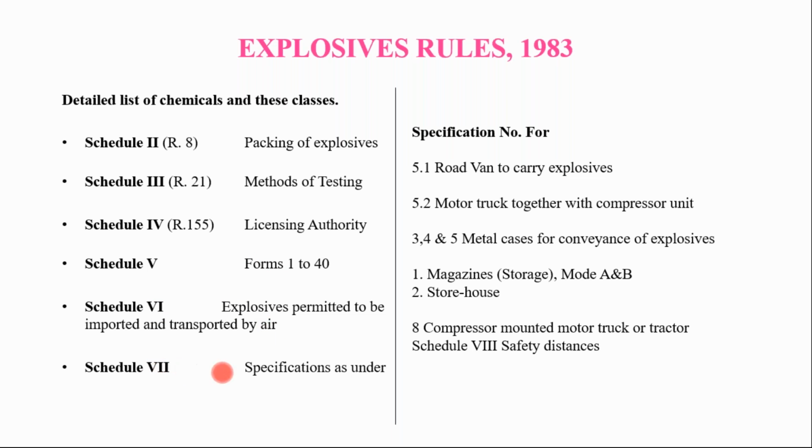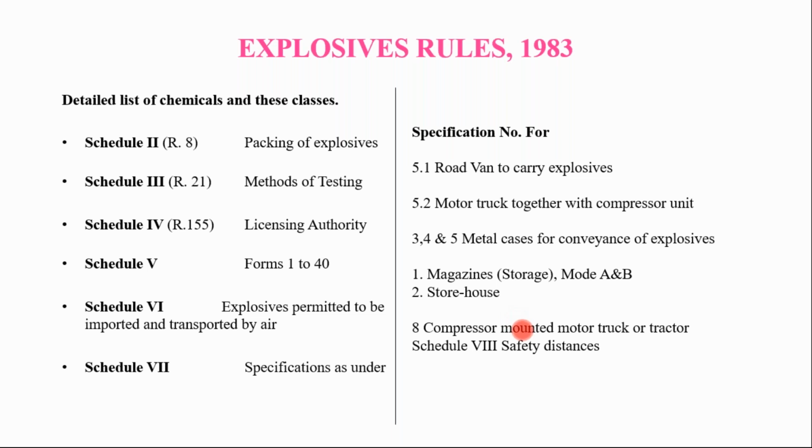Then schedule 7 is related to the specifications, that is from 5.1 road van to carry explosive, 5.2 motor truck together with compressor unit, then some metal cases for conveyance of explosive, then some magazine storage or mode A and B, some storehouses, compressor mounted motor truck or tractor.